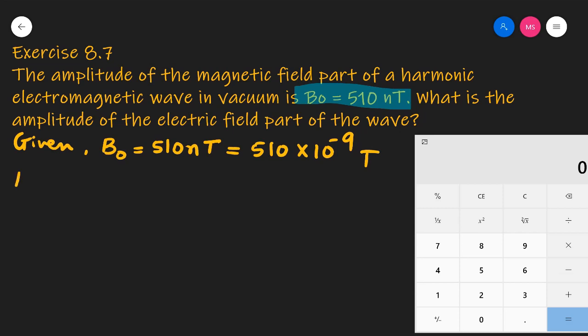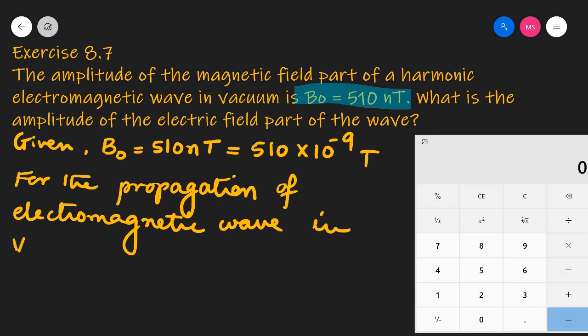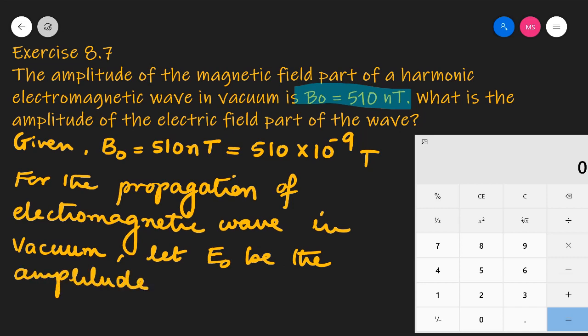Now for the propagation of electromagnetic wave in vacuum, let E naught be the amplitude of electric field.